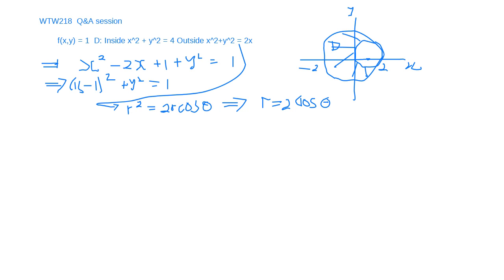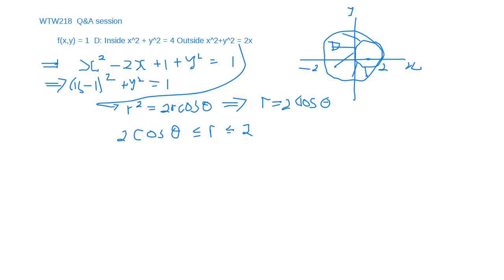So you can see that r has to be between 2 cos theta and the bigger circle, which has a radius of 2. Theta is measured from the positive side of the x-axis.